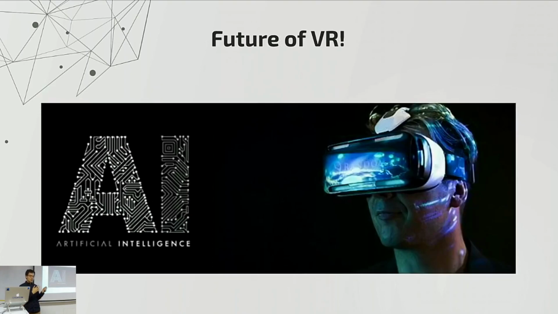Some of the things we can look forward to include VR's integration with AI. So, for example, the earlier example I mentioned about companies helping employees experience a fire situation, like what do I do? How do I escape?